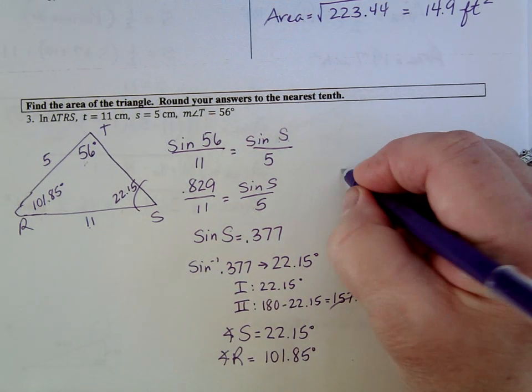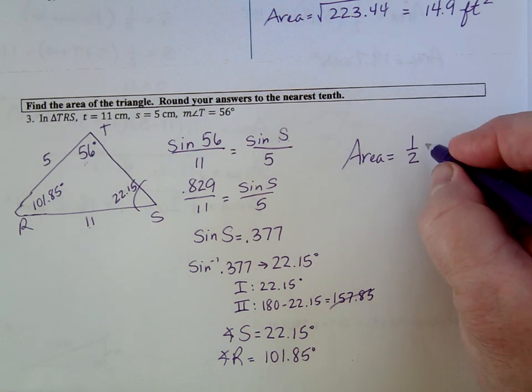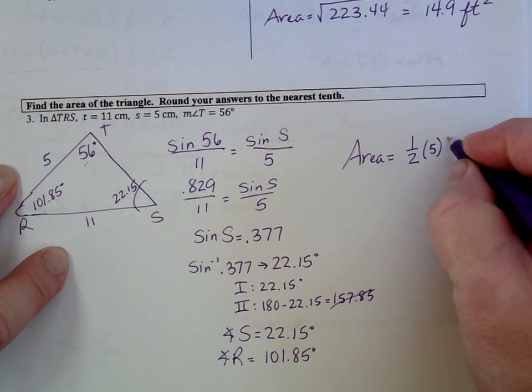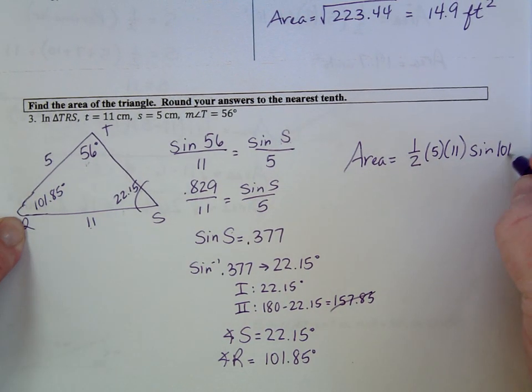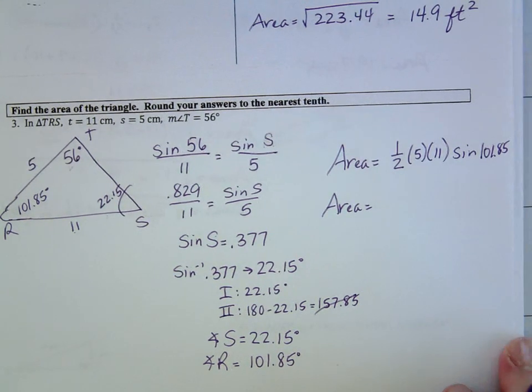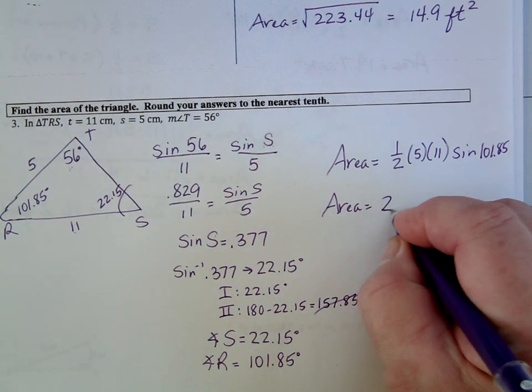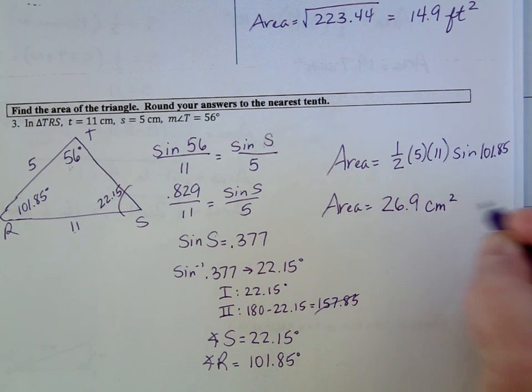So your area is 1/2 of the two sides, 5 and 11, and the sine of the included angle of 101.85. And so it's just a matter of tossing all of that into your calculator and it'll calculate out what your value is. You get 26.9. Your units are centimeters, so centimeters squared, and there's the area.